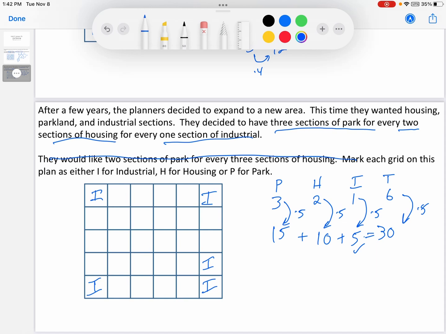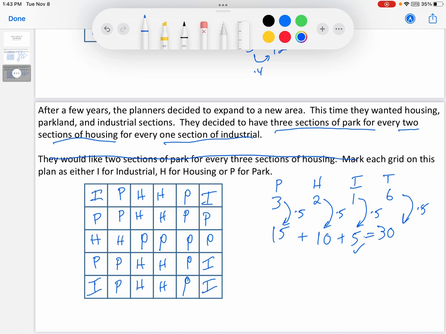So I'll put, how many parks? 15 parks. So 1, 2, 3, 4, 5, 6, 7, 8, 9, 10, 11, 12, 13. I have 2 more, so 14, 15. Now there should be 10 spaces left for housing, so let's see if there are. 1, 2, 3, 4, 5, 6, 7, 8, 9, 10.